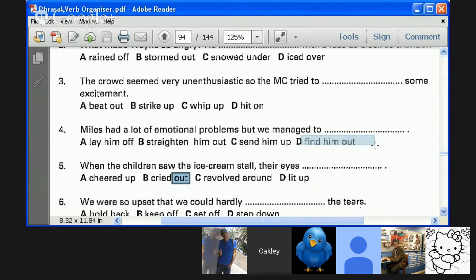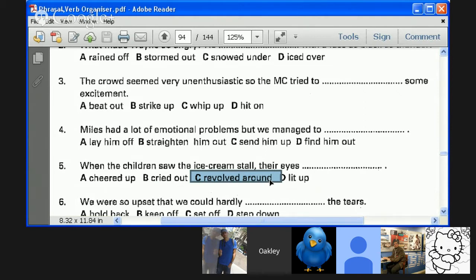Well, if you find him out, you make public his information. All right. Their eyes revolved around. Okay, very physically, that would be somewhat gruesome. Revolve means to spin or turn circles around and around. Okay, that's an interesting phrasal verb. She was such a narcissist.